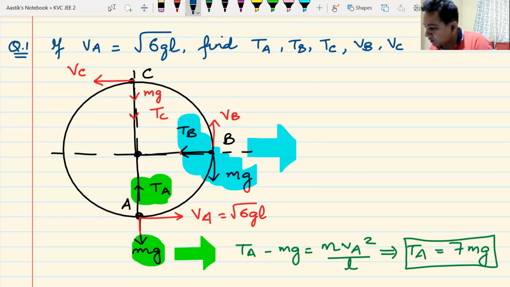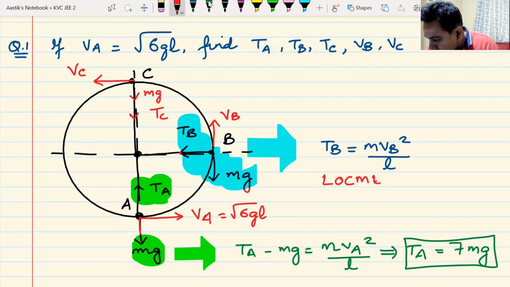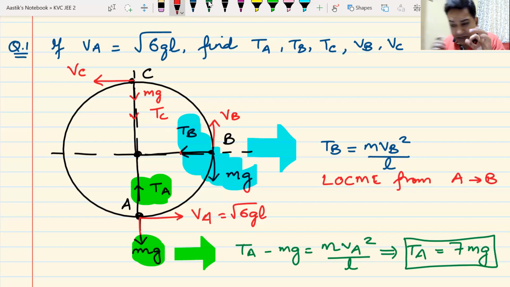Blue equation is the equation at point B. TB is equal to mVB square by L. I can't find out tension at point B because I don't know the velocity at point B. Sir, apply LOCME from A to B. Yes, for that I have to apply LOCME. From A to B, I simply write the LOCME equation. What is the LOCME equation from A to B?